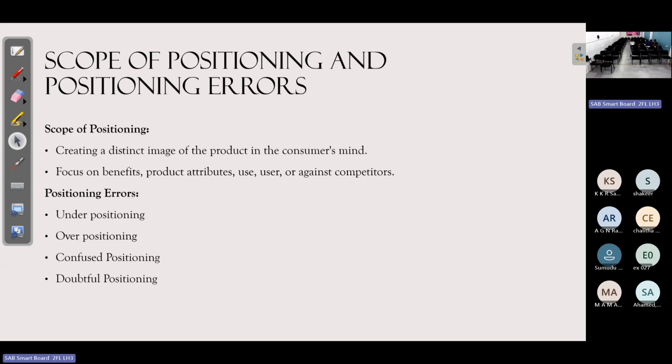That means we are going to put into their mind that we produce this kind of product. These are the values, these are the benefits. Likewise, we are going to attract them. That's what we call positioning. In there, some errors are there, we have 4 errors. So you can write down the topic positioning errors.